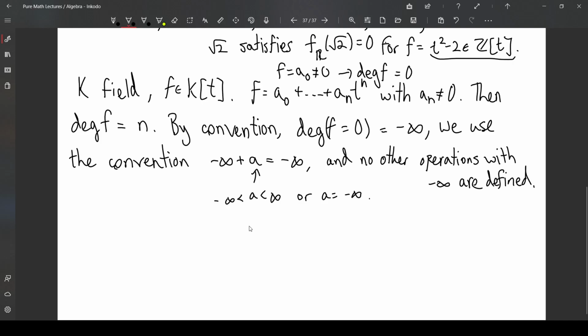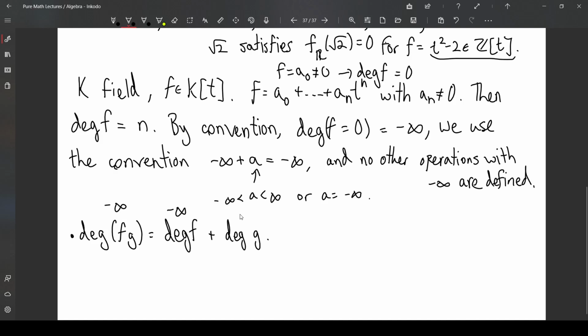And in particular, the degree of a product is the sum of the degrees. So we notice if one of these is 0, if f is 0, say, then the degree here will be negative infinity. But 0 times g is also minus infinity.